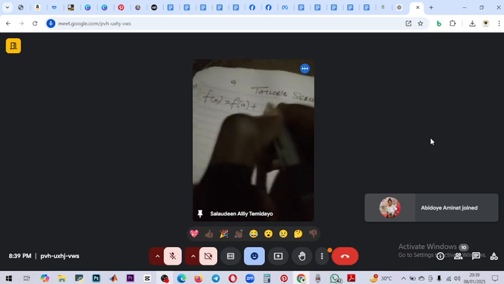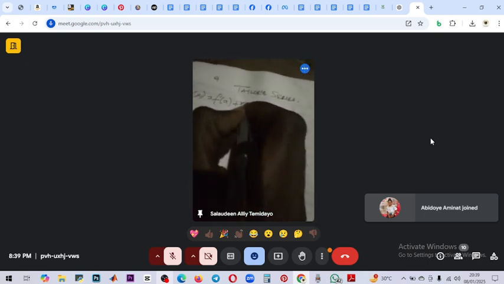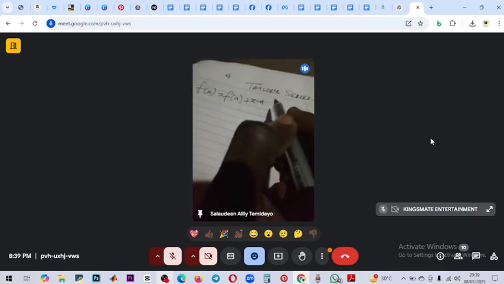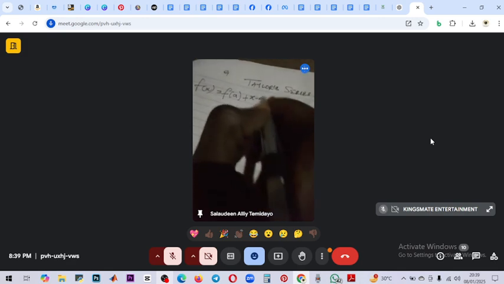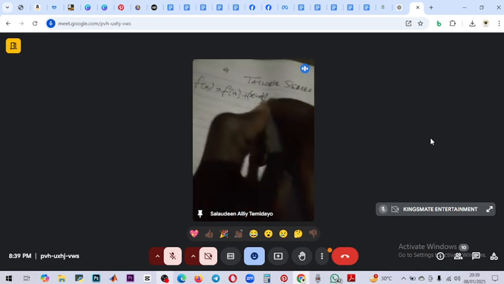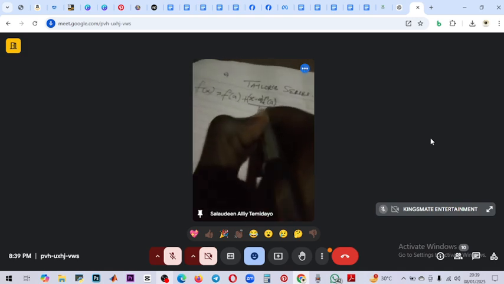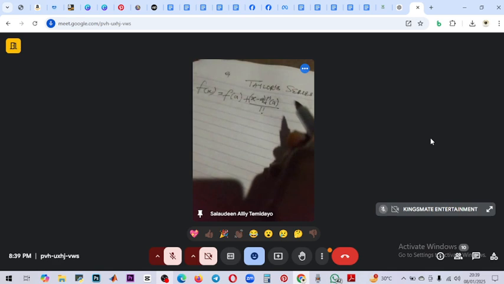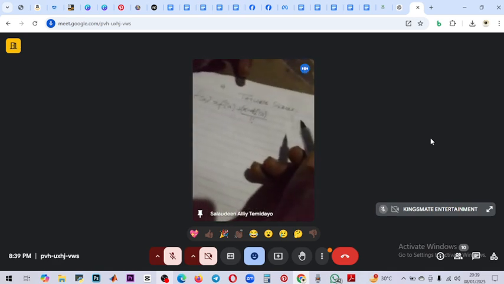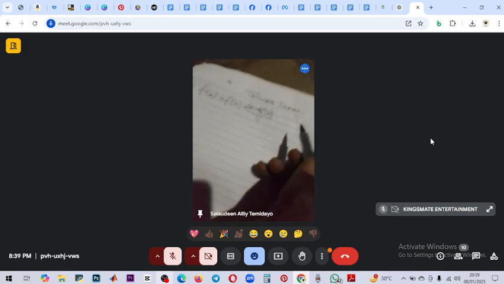f of A plus x minus A times f prime of A divided by 1 factorial. I'm writing the theorem for you now. This is Taylor's theorem. The reason I'm writing 1 factorial is that it is the first derivative. We know what a derivative is.